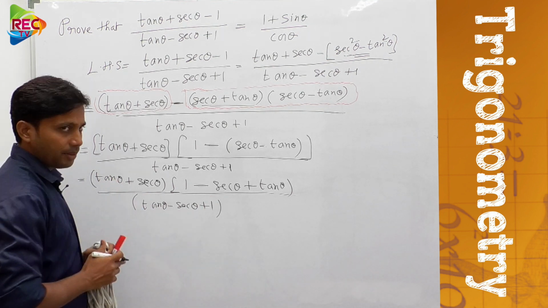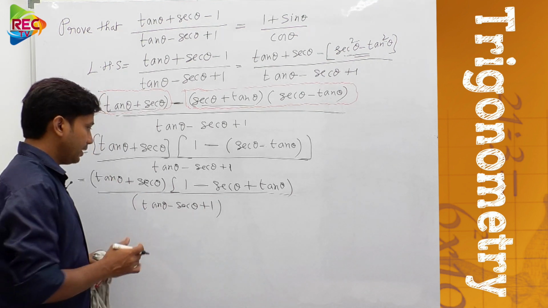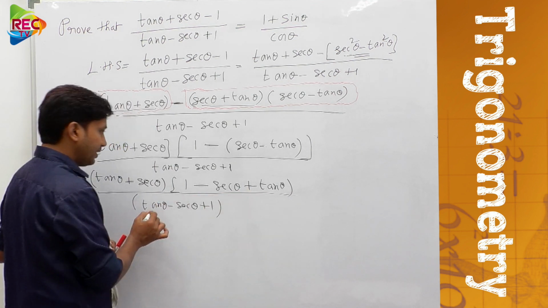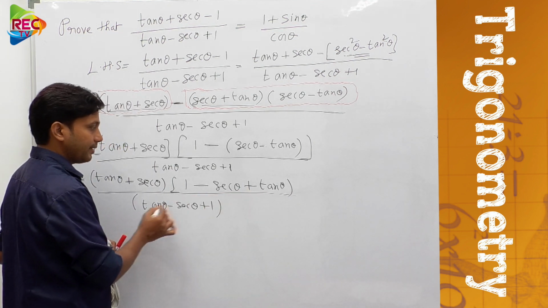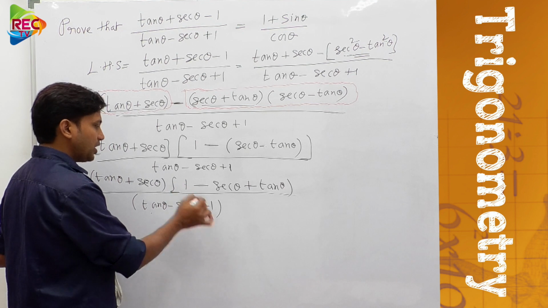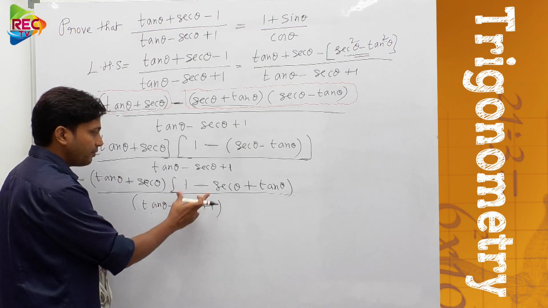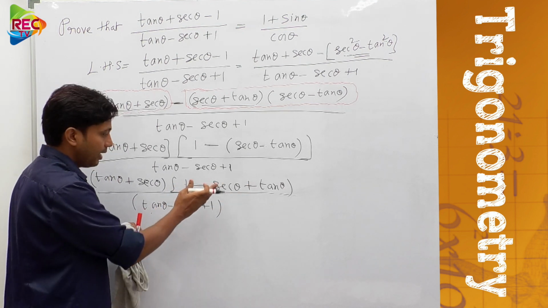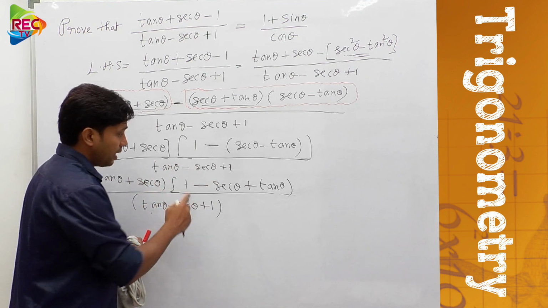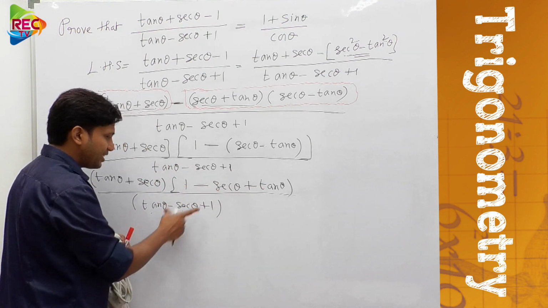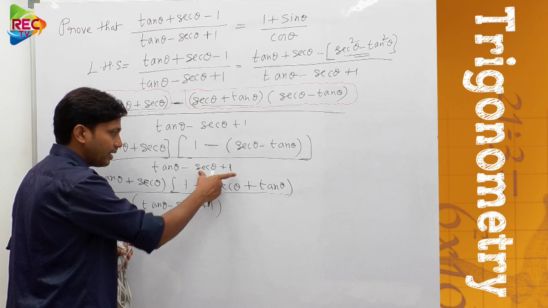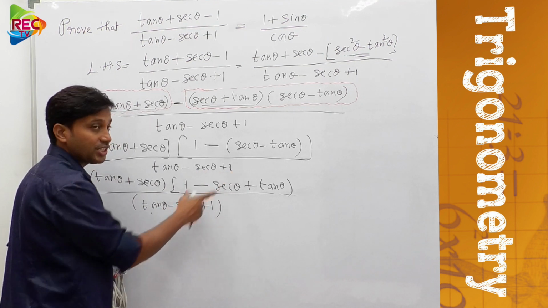Now tell me, if you observe carefully, here tan theta plus... and tan theta minus secant theta plus 1. Of course, the order of the terms is a bit changed, but all the terms are the same in the numerator and denominator expressions or not.